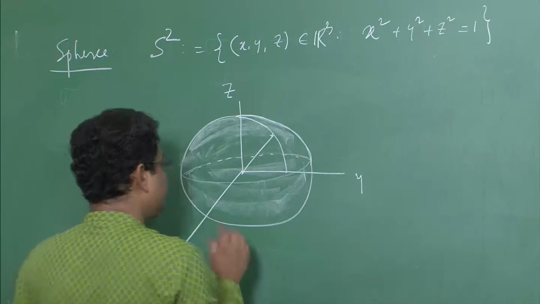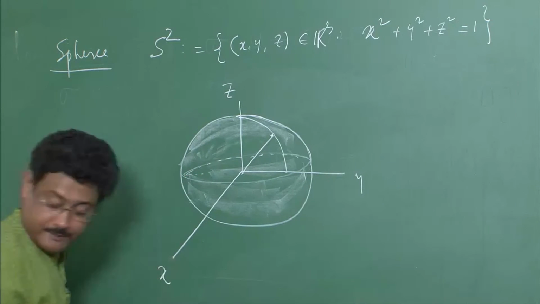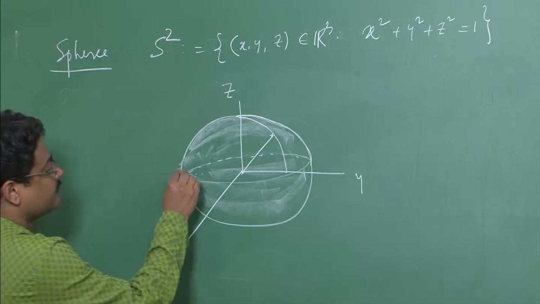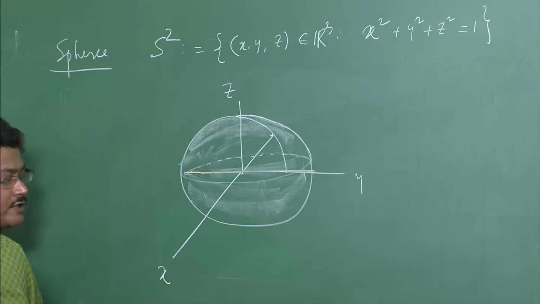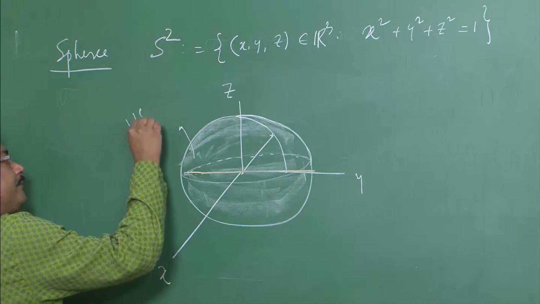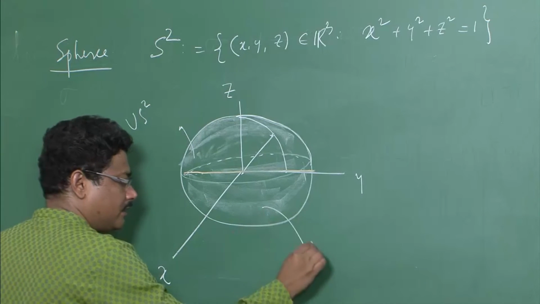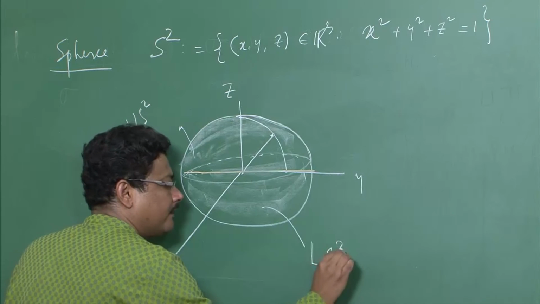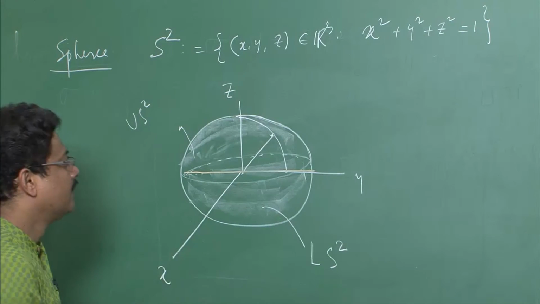If I look at this part, whatever I am doing in this part, that is, I draw this colored line. This part we call the upper hemisphere and this part we call the lower hemisphere.